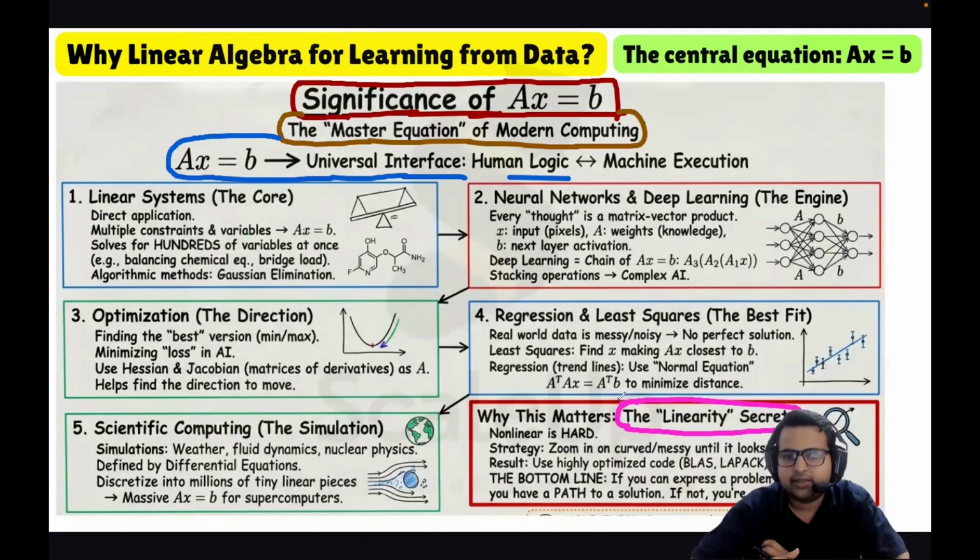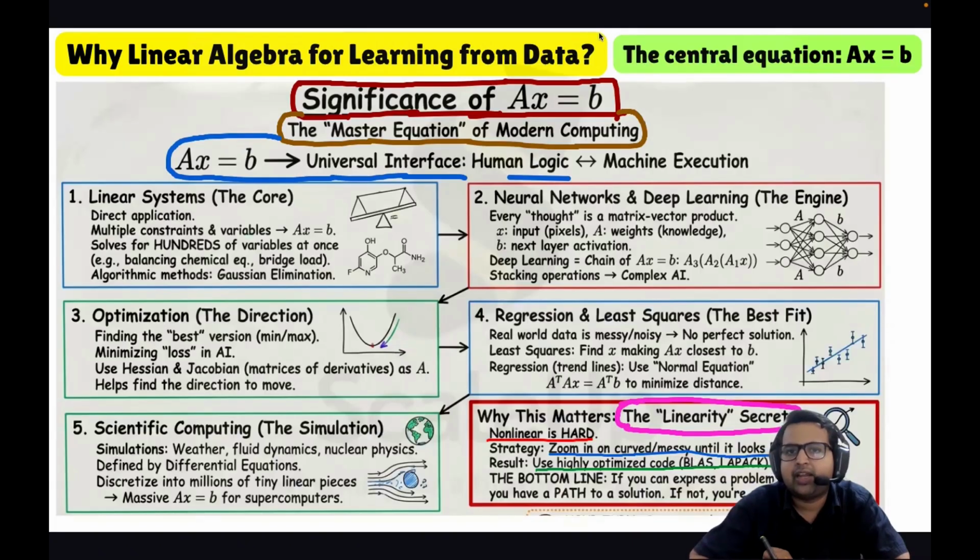So the strategy is to take a curved, messy, non-linear world and zoom in until it looks flat, linear. And by treating everything as linear systems, we can use the most optimized code ever written for speed and efficiency, to solve problems at the speed of light. So linearity is the key.